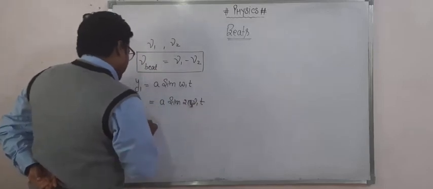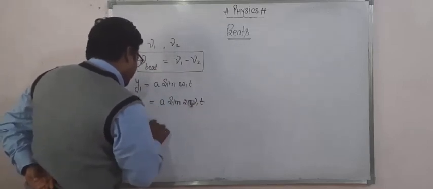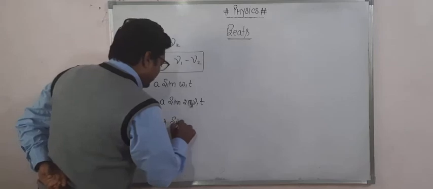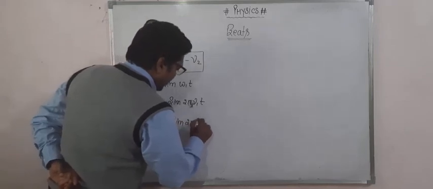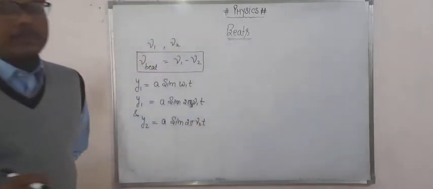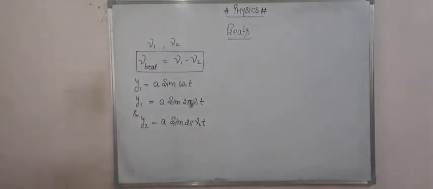This is y1, and y2 is given as a sine 2 pi nu2 t. Okay, so you can see on the board the two waves.